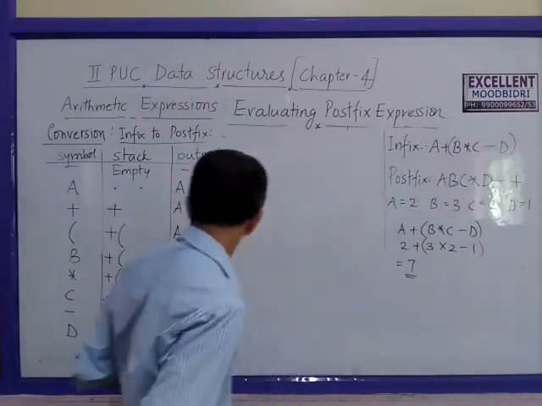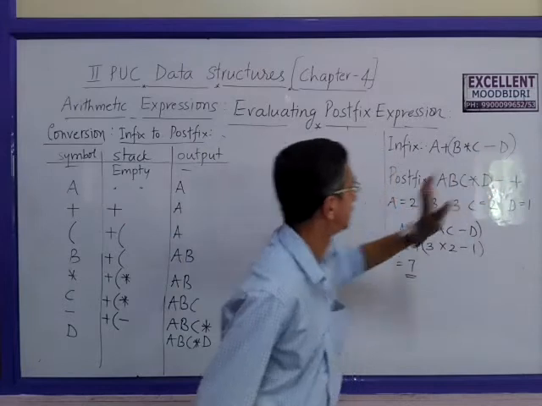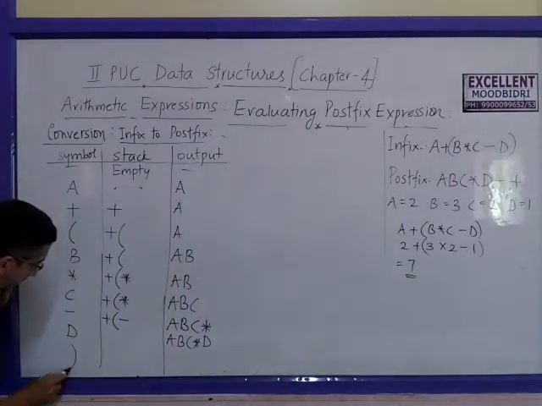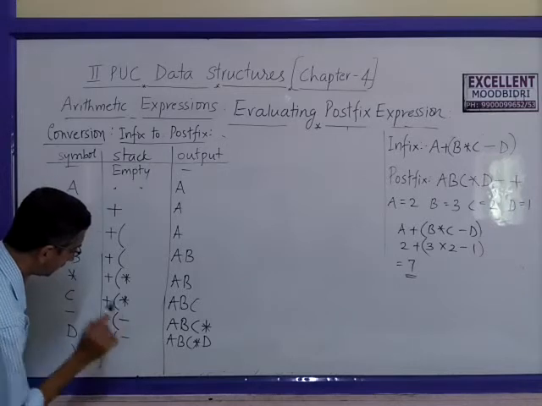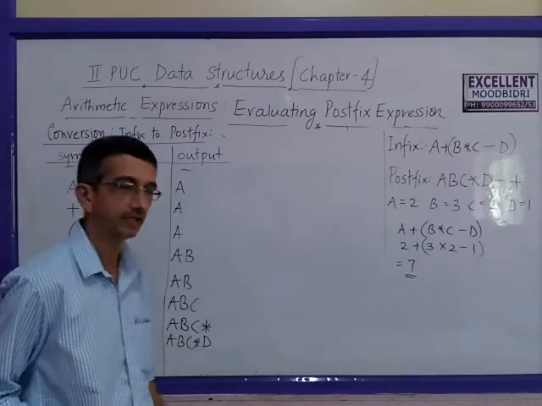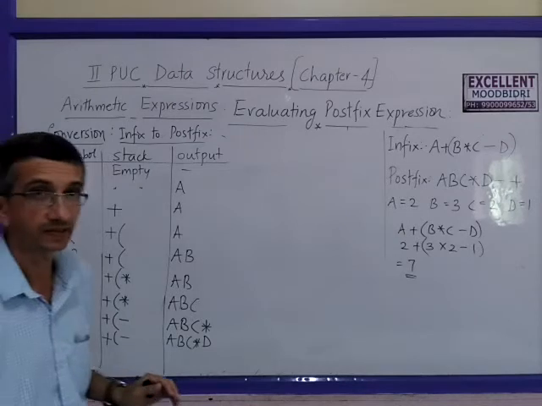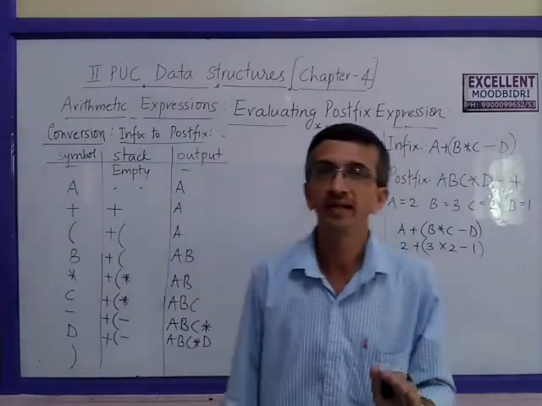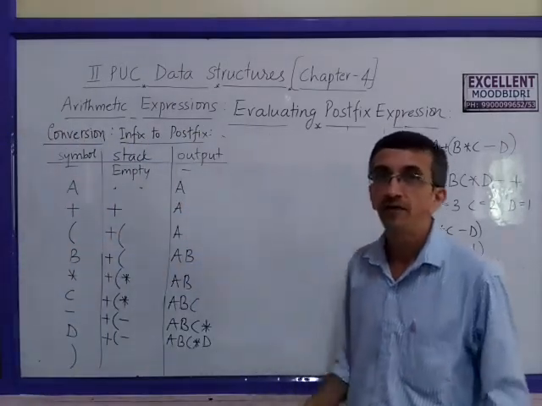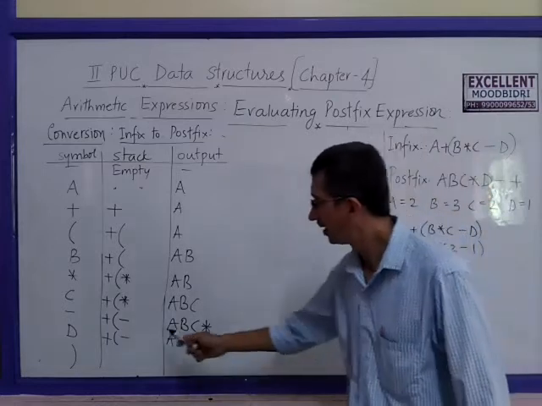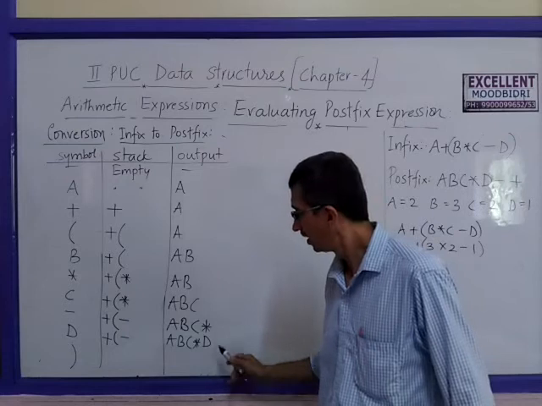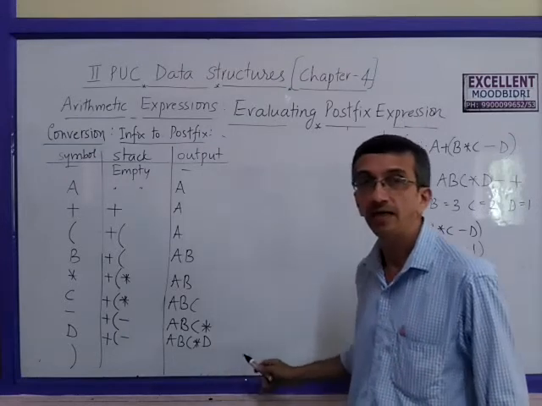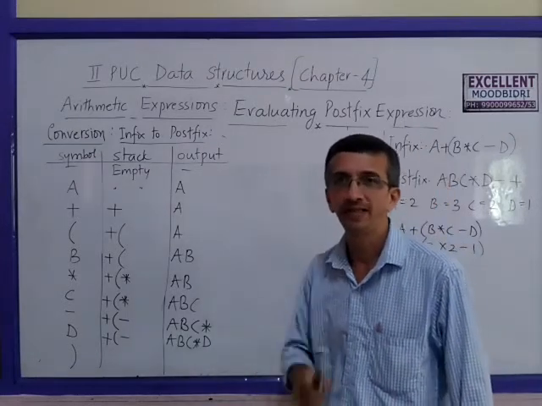Next, D is over. Next is the closing parenthesis. Here is plus, this one the opening parenthesis, and minus. Now the closing parenthesis, so it is step 5, the main step 5. If it is a closing parenthesis, then pop operators from the stack and output them until you come across the opening parenthesis.